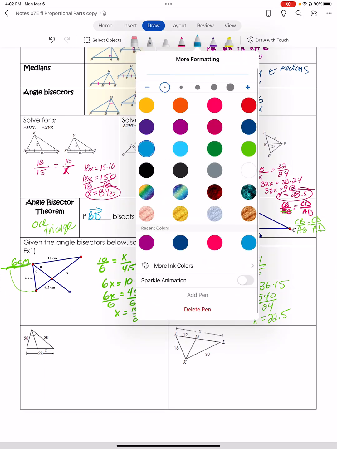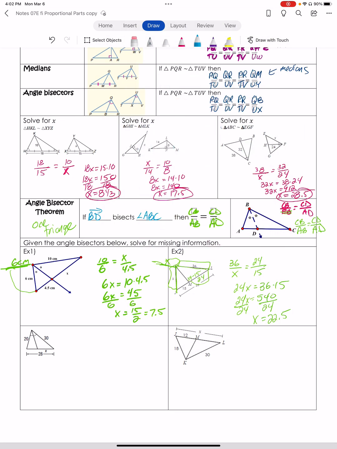Last two. Okay, you can also add the parts. So this right here would be 20, so this whole side would be 50. So I could do 30 top part over 50. So 30 over 50 is equal to x over 28.